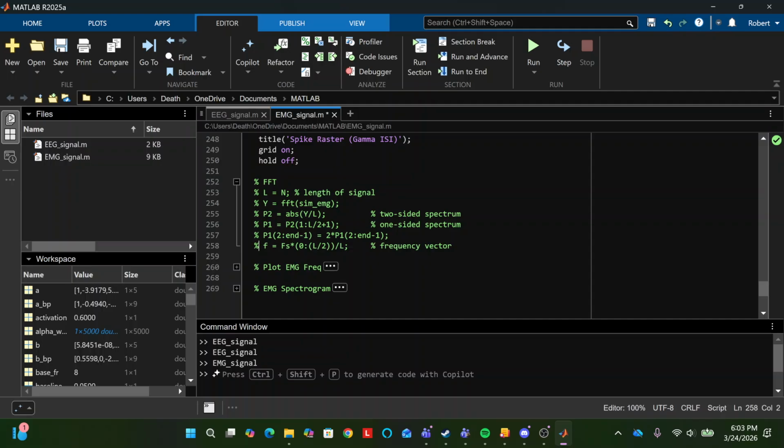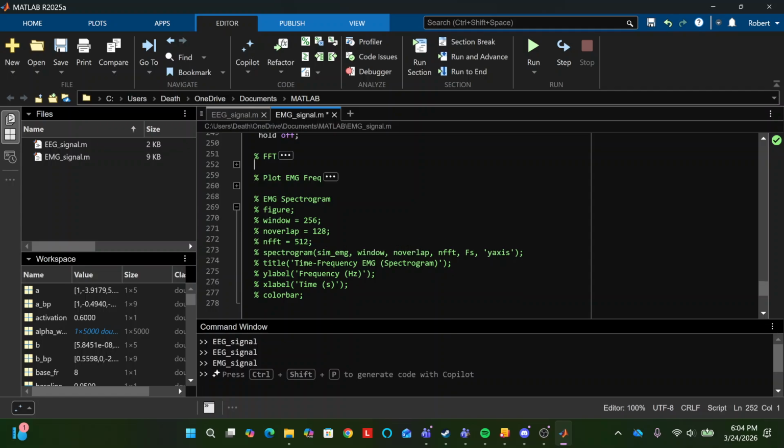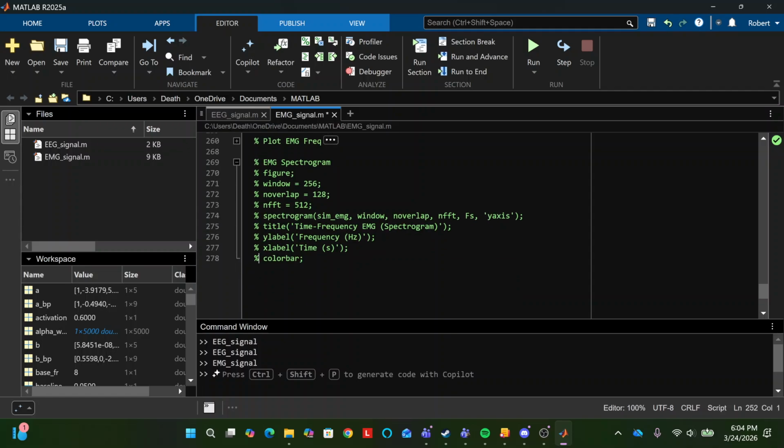Let's do all of the, no, we won't do FFT. And we won't really show the frequency. You can play around with that if you wanted to. But this one's kind of cool. This is actually a spectrogram showing you some really cool, interesting things as well.